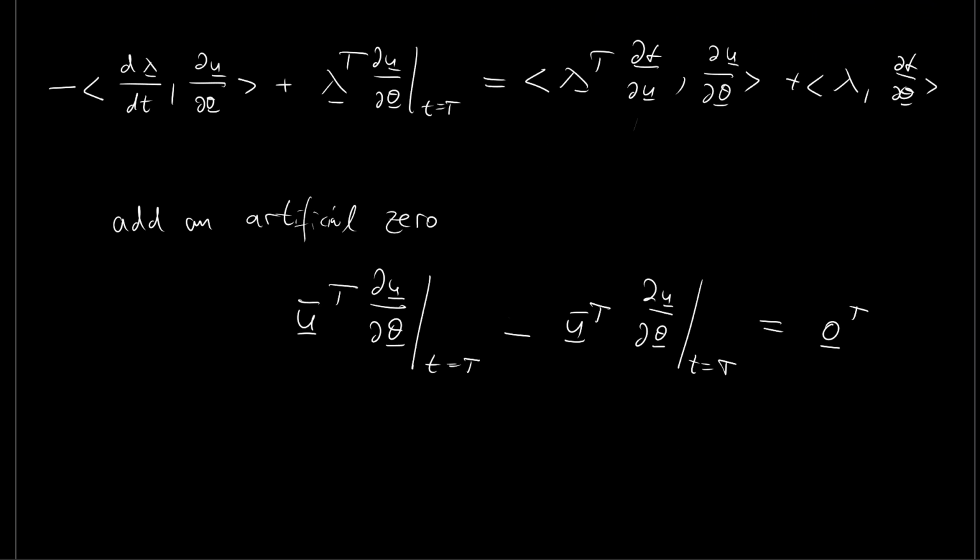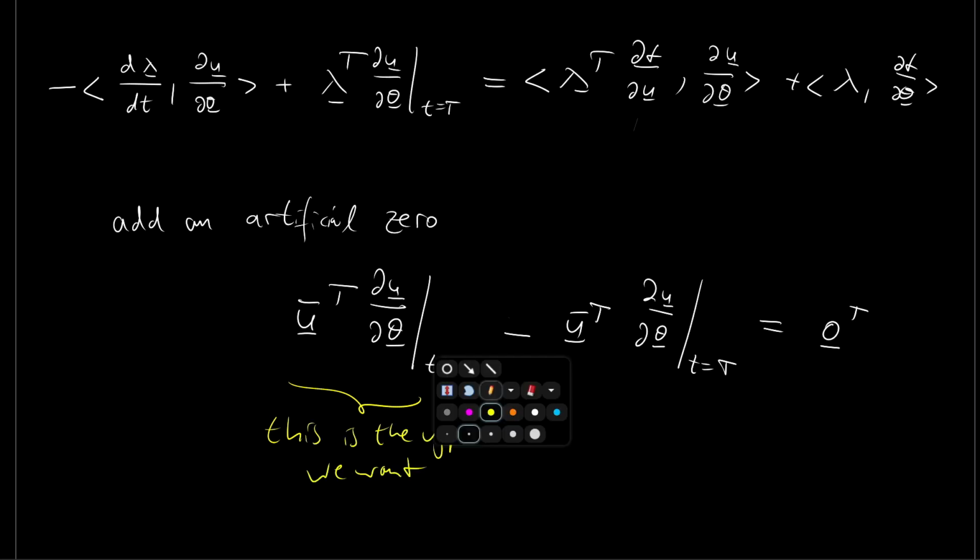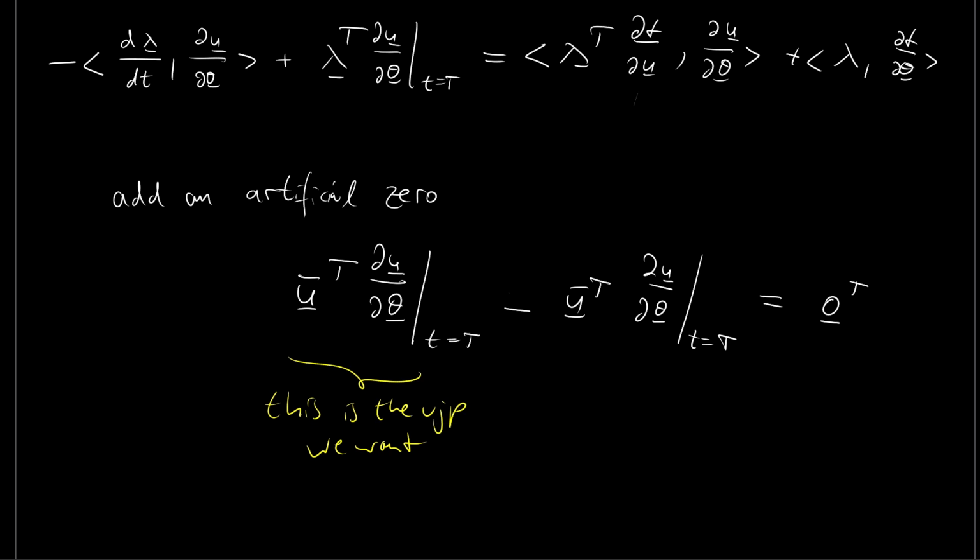But this quantity that we add here with this artificial 0 is essentially the result of the vector-Jacobian product that we want to have. So this is the vJp we want. Okay, and this will help us. So let's add this one, and then we will get a very lengthy expression.